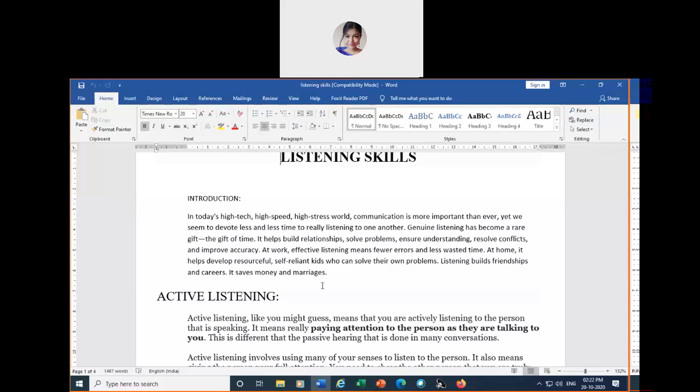The speaker and the listener are equally important. It's not that the speaker is more important or the listener is less important. Both are equally important parts of the communication process.